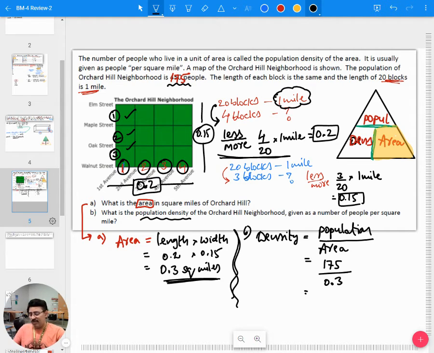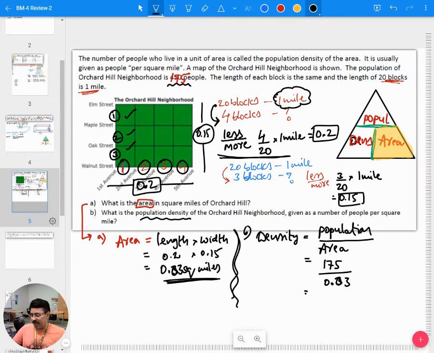Let me make use of the calculator. 175 divided by, sorry, it is not 0.3, it is 0.03. My apologies. I forgot to keep this decimal. 0.03.